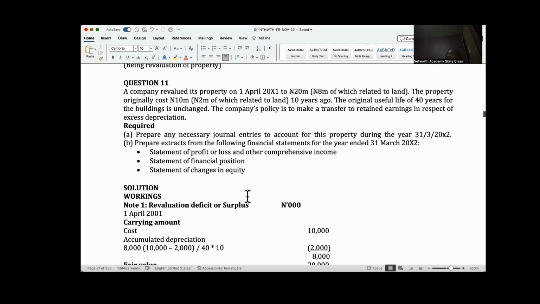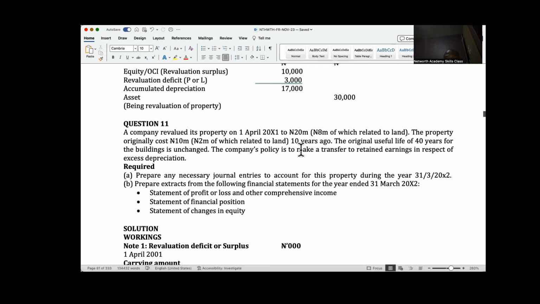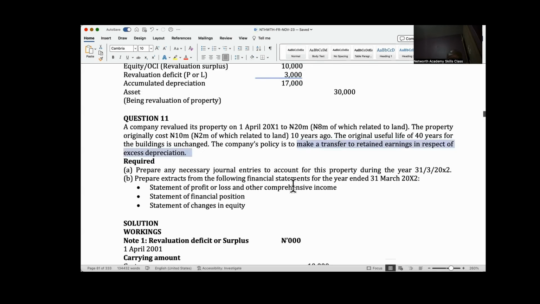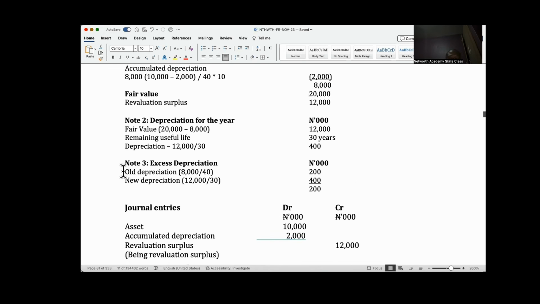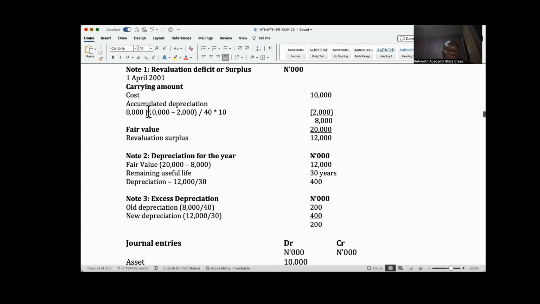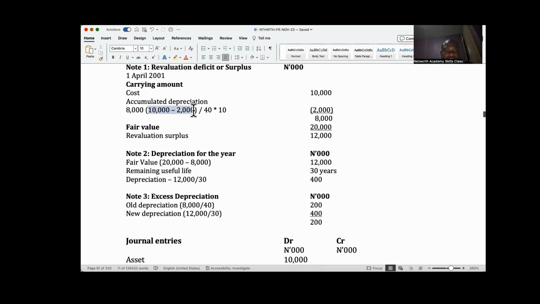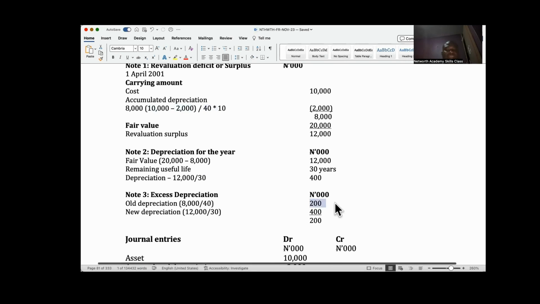However, since they told me that these companies usually make a transfer to retained earnings in respect of excess depreciation, I need to determine my excess depreciation. That is simply by looking at the old depreciation I was charging before the date of evaluation, which is the 8,000 cost over the useful life of 40 years. So I was charging 200,000 per annum.